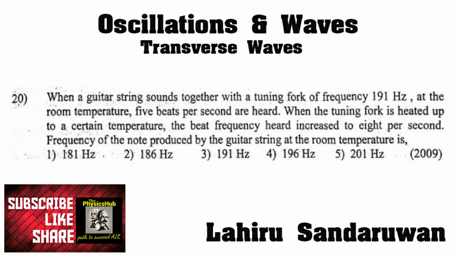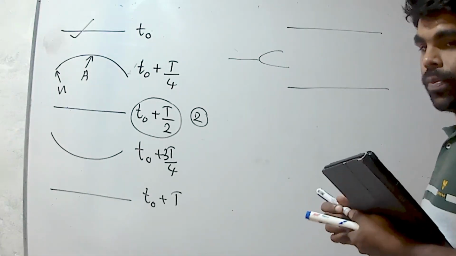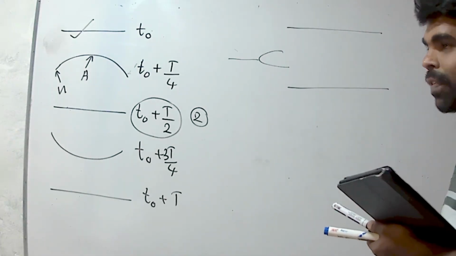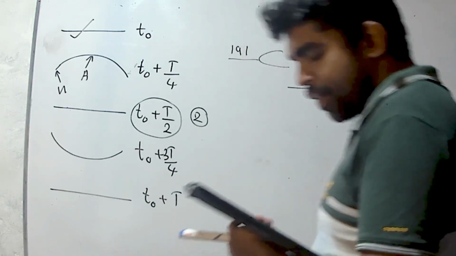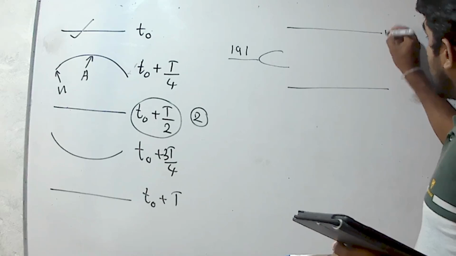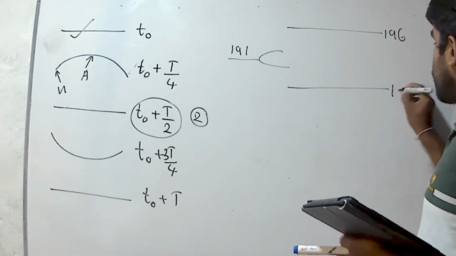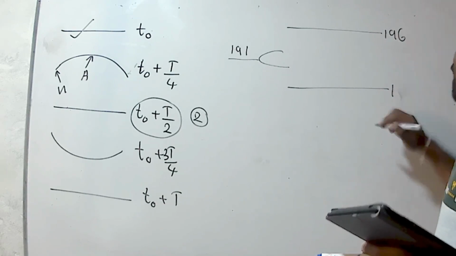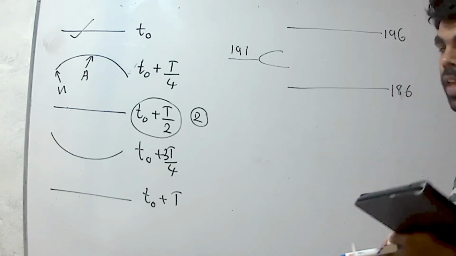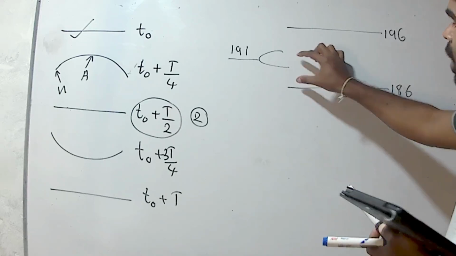Frequency of the note produced by the guitar string at room temperature is? We can observe 5 beats for the first situation. Frequency of tuning fork is 191, therefore frequency of wire should be 196 or 186. Difference is 5.